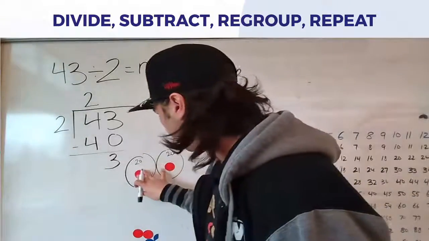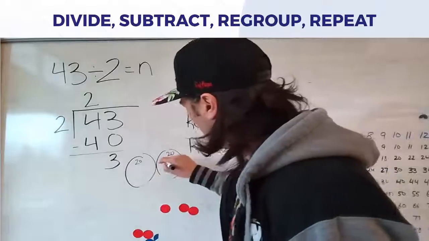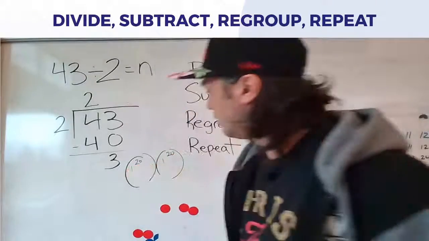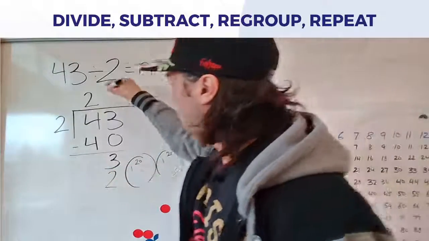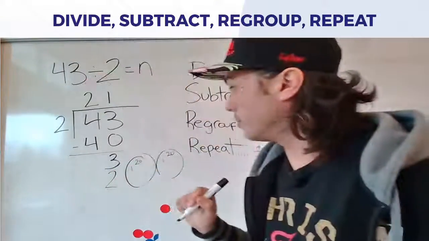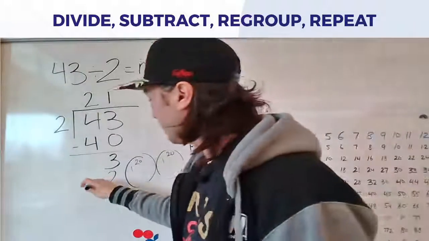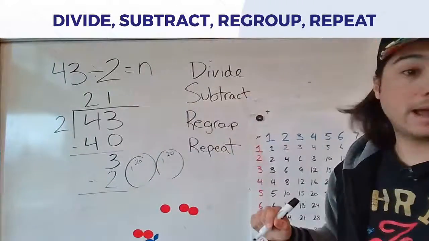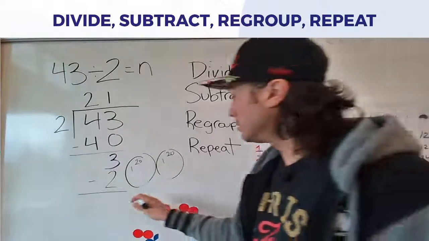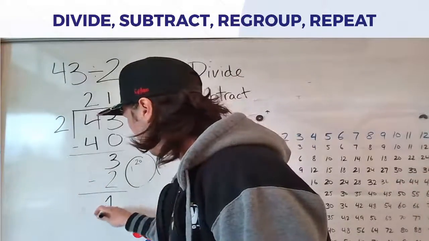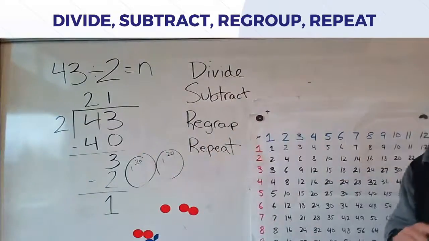So we've got a 1, we've got a 1, and 2 divided by 2 with 1 in each group. After we've divided, now we're going to subtract. We put 2 into groups, so let's subtract it. And we have, as we saw from our dots, 1 remaining.